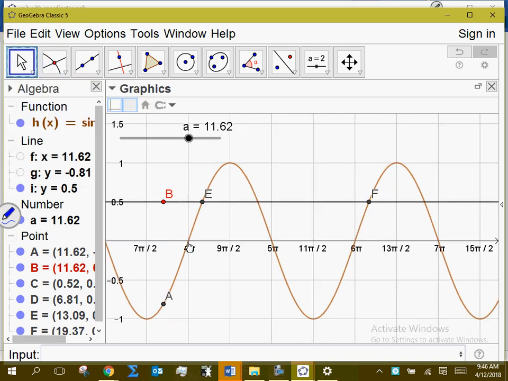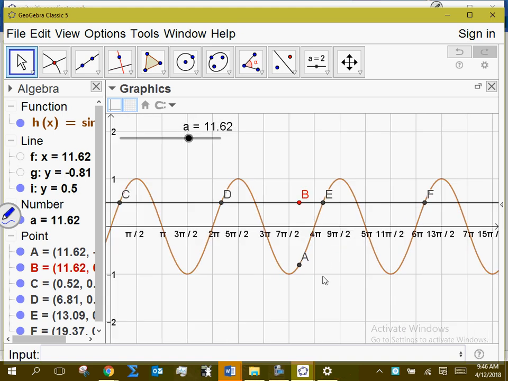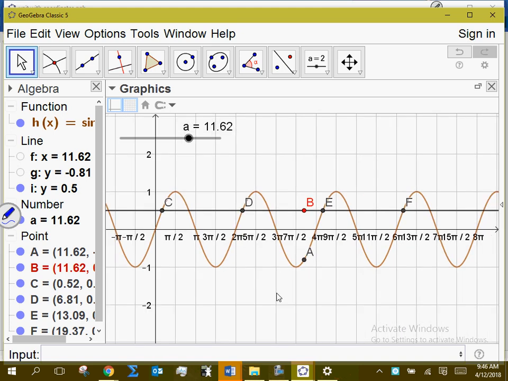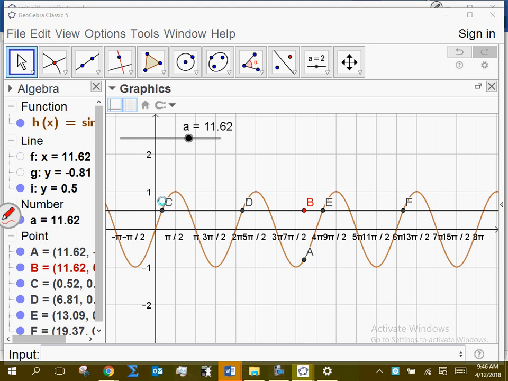Okay, so let me zoom out a little bit so I can write all this down. We know that point right there is located at pi over 6, right? From pi over 6, we just used C and D's x values and subtracted them and found that distance to be 2 pi, right?